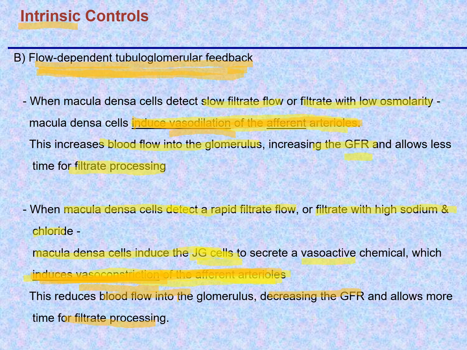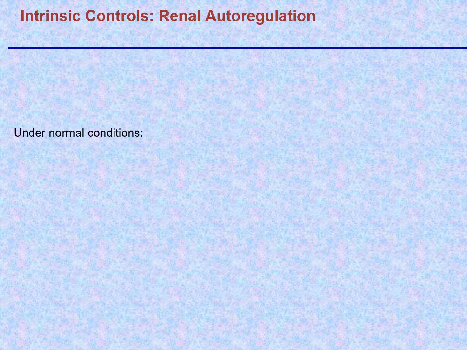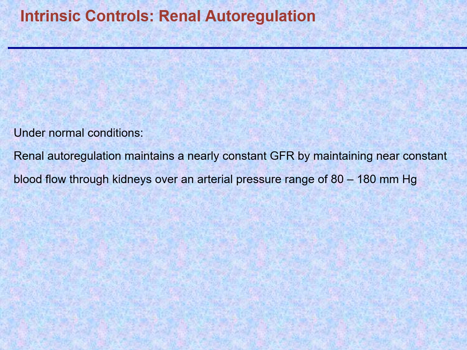This mechanism is one of the two. The other one is the myogenic reflex, which simply is the smooth muscle around the afferent arteriole. And this one involves chemical mediators, molecules that will induce either vasodilation or vasoconstriction. Those are the intrinsic mechanisms that are built-in autoregulatory effects.